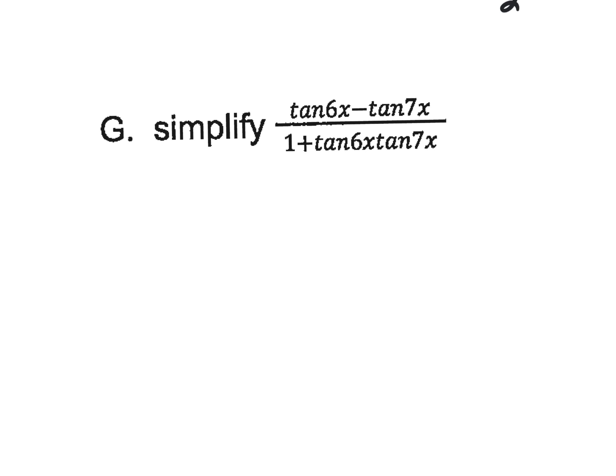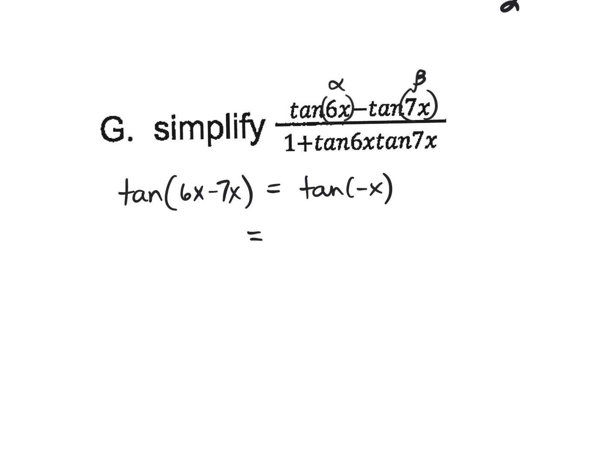What's alpha and what's beta here? 6x. So this is going to be tan what? Okay. So which is what? What's tangent of negative x? Good job, Bryant. And that's it.